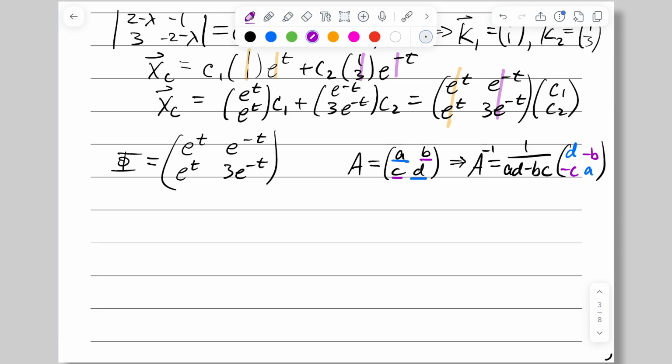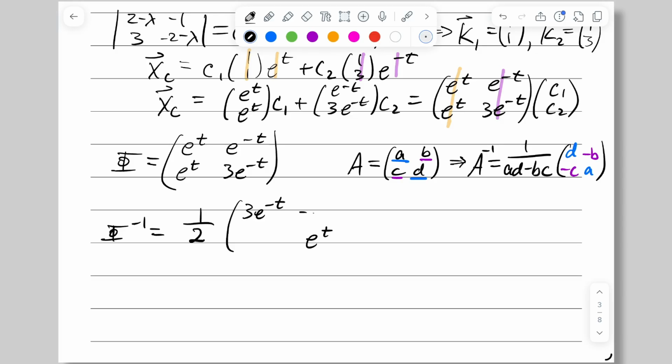So for A equals [a, b; c, d], A inverse is 1 over ad minus bc times the matrix [d, -b; -c, a]. In the case of our phi, we get e^t times 3e^(-t) minus e^t times e^(-t), so 3 minus 1, and 1 over 2 is what we get for 1 over ad minus bc. Now, 3e^(-t) and e^t switch places, the upper left and lower right.